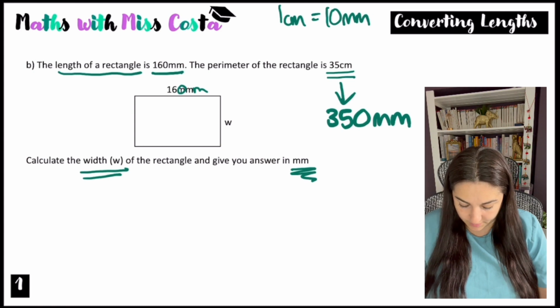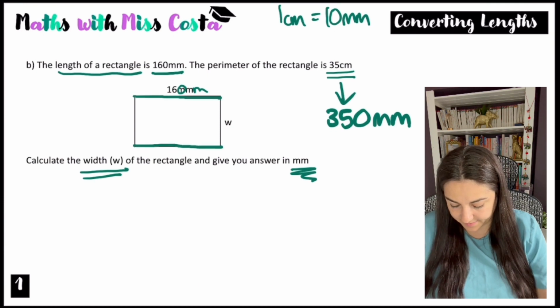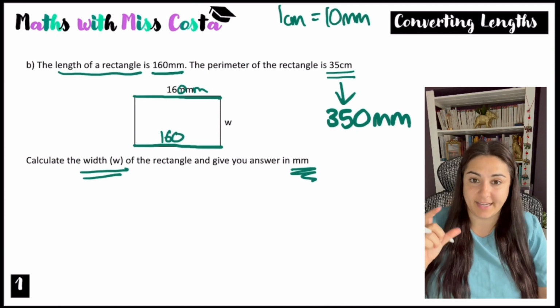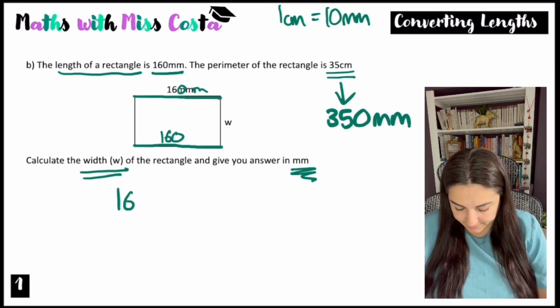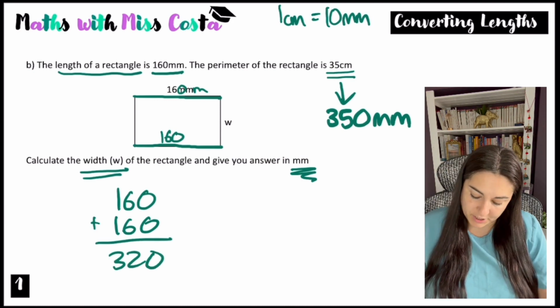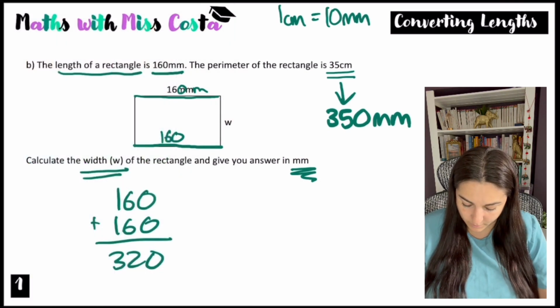So I know that the length is 160 millimeters. So this length here will be 160 and this length here will also be 160 because rectangles have the same length of opposite sides. So 160 plus 160 gives me 320 millimeters. So I know that the remaining sides, the remaining width must be what's left over.